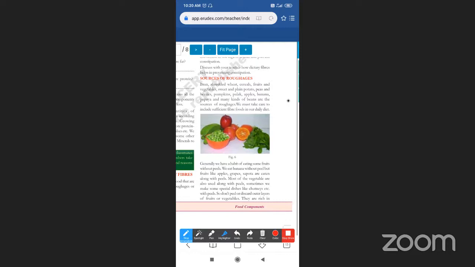Now I have told you examples where we remove the peels and eat the fruits and vegetables. We can also see some examples which we would like to eat along with the peel, like apple. Other examples are also given in the textbook: grapes, apples, sapota. Some members will remove the peel and some like to eat along with the peel also.